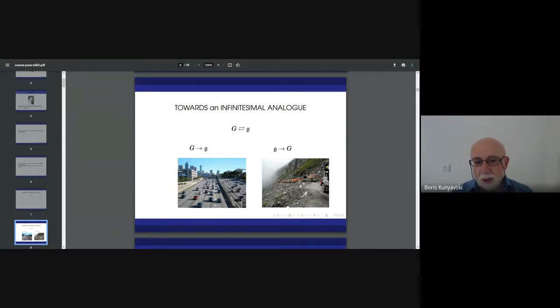Our algebraic group G is a nonlinear object, in spite of the fact that it's called linear algebraic groups, but it's something highly nonlinear. And on the contrary, its Lie algebra is, after all, a vector space, so something which belongs to the universe of linear algebra with a sort of operation, which is also nice.